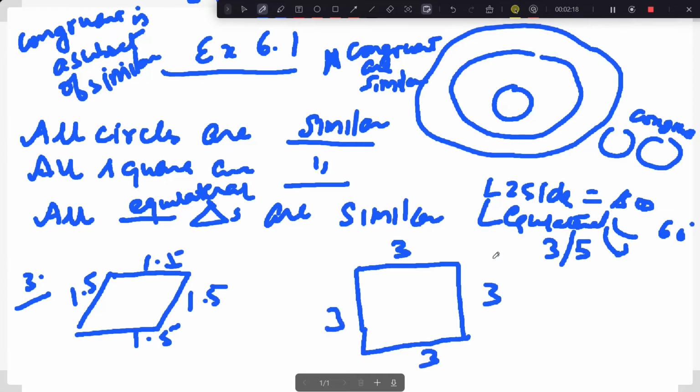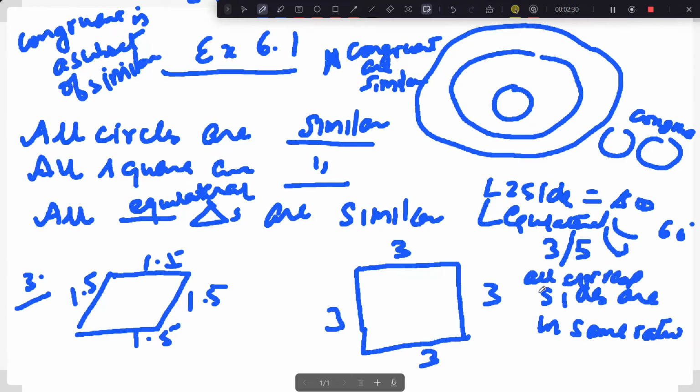So if you look, the sides are in the same ratio, right? All corresponding sides are in the same ratio, 1.5 by 3, which is 1 by 2. But are the angles equal? No, clearly not. These are 90 degrees and these are clearly not 90 degrees. Not equal. So not similar.